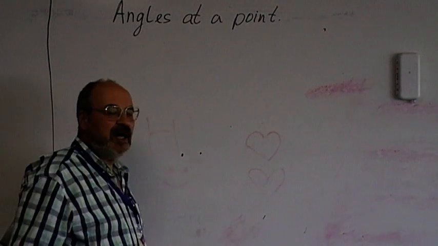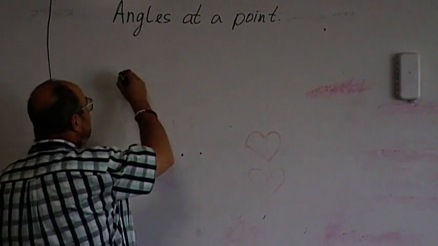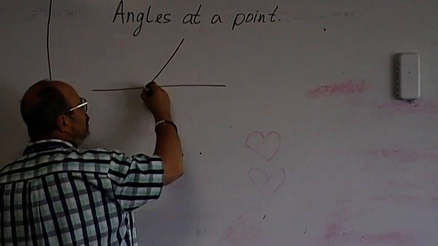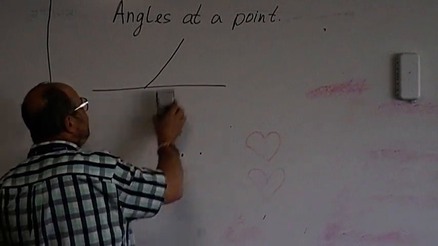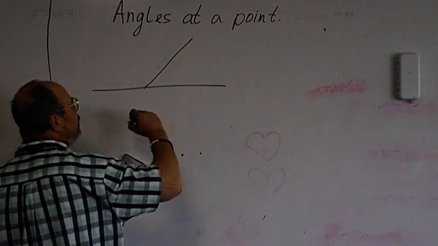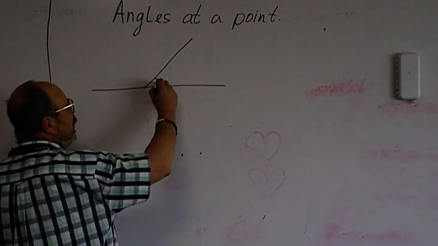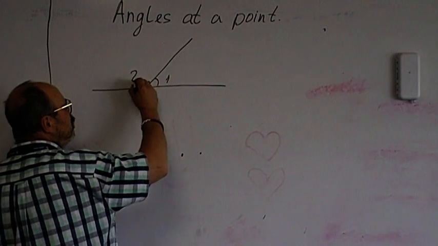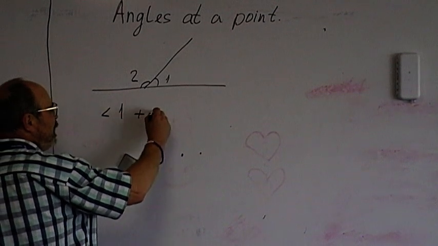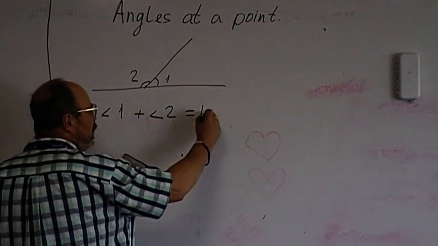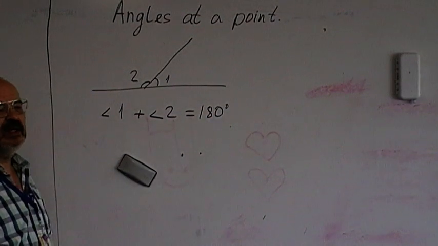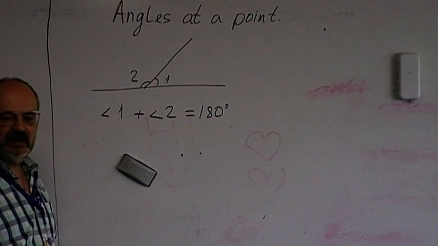Now, some more terminology. If we have a straight line and we divide it into angles, angle 1 and angle 2, they add up to 180. How are such angles called which add up to 180?